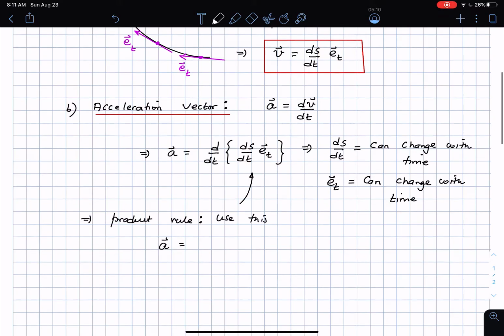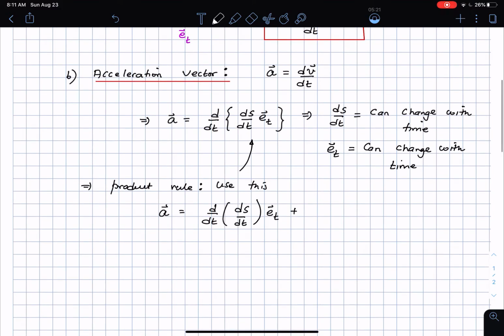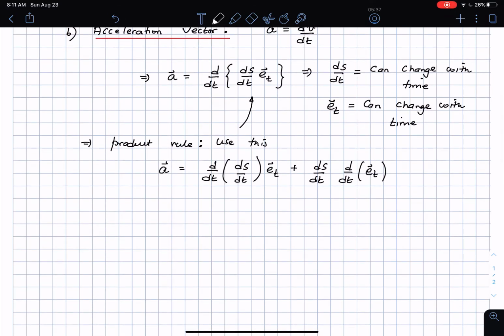So this is going to be d by dt of the first quantity, ds by dt times e of t, and then I'm going to have ds by dt times d by dt of e of t. This is very interesting, and I'm quite sure that you may not have come across these things in your introductory physics courses. Now ds by dt, I can write the expression as the following.